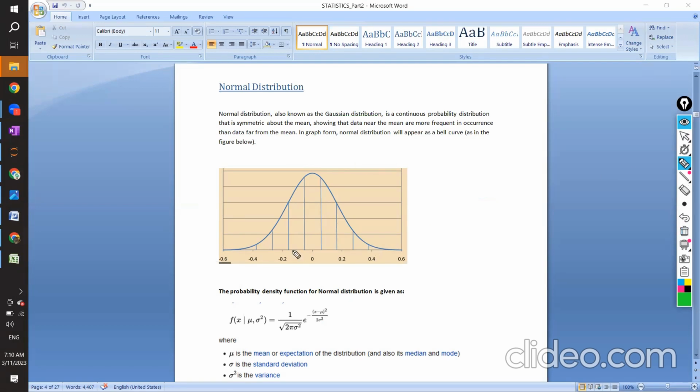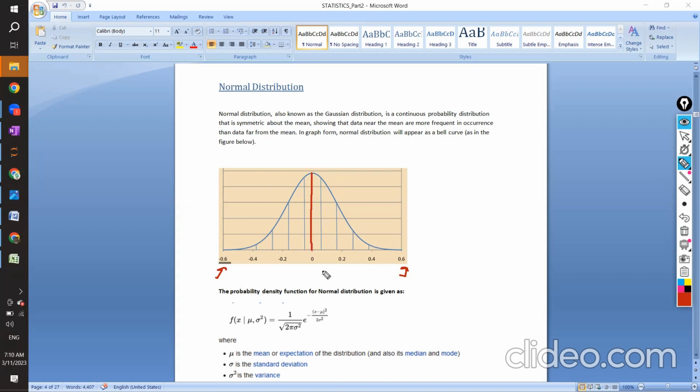Now here, as you can see, this normal distribution which we are seeing over here is ranging from -0.6 to 0.6. Okay, -0.6 to 0.6, it is ranging. Fine. And you have the mean over here. 0 is the mean. Average value. And normal distribution, always remember, it will be symmetric about the mean. It will be symmetric about the mean.